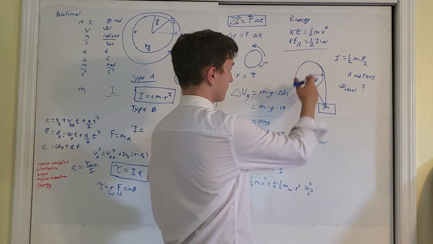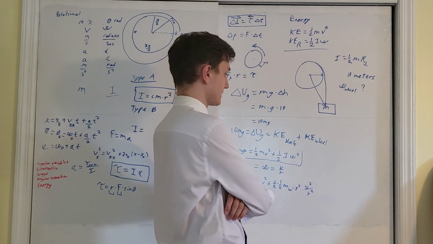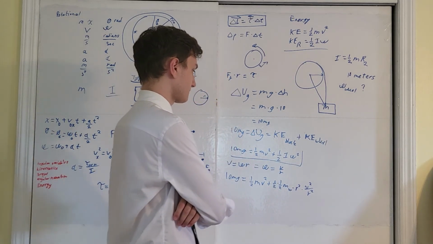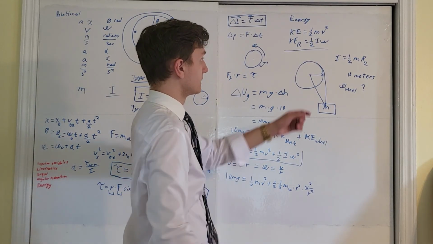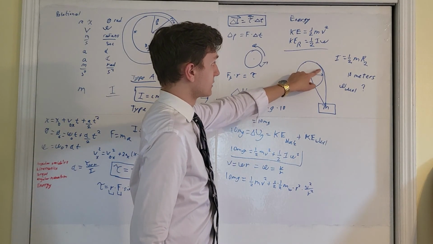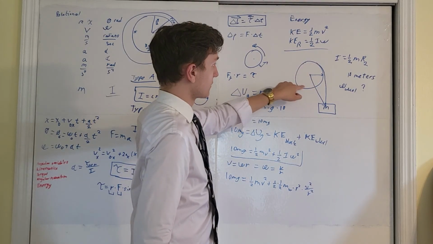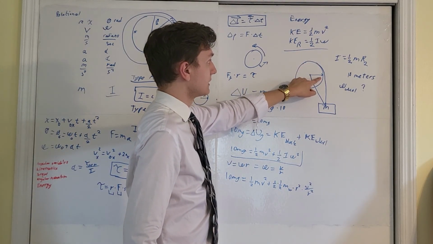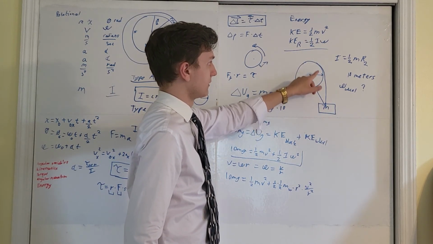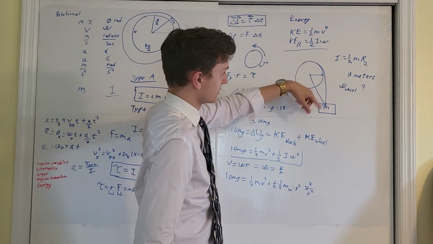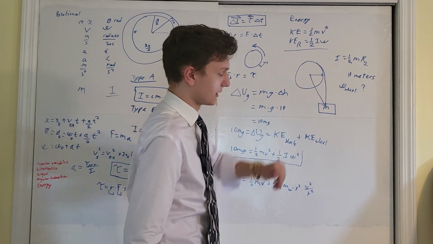So I have differing angular velocities, and they wouldn't be the same. But the linear velocity will be the same, because the rate at which the string travels around the circumference is the linear velocity of a point on the circle, and the velocity at which the string is falling is the linear velocity of the mass.